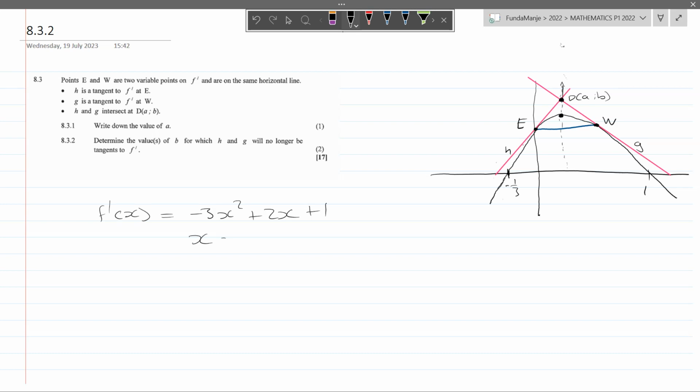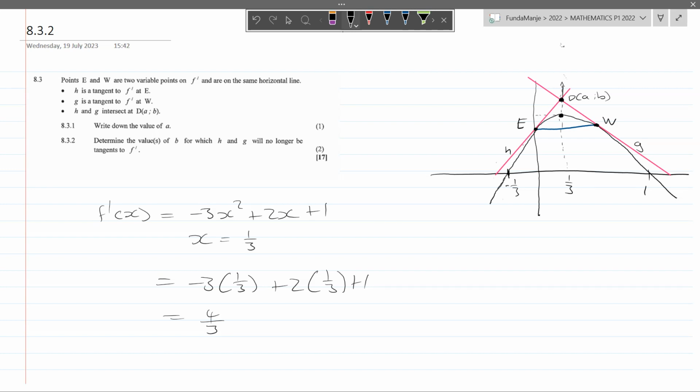If we put x in as 1 over 3, which is the value over here, then we can find the y value at the turning point, which we can make out to be 4 over 3. And that is obtained by substituting 1 over 3 into x like this. And then we get our 4 over 3.